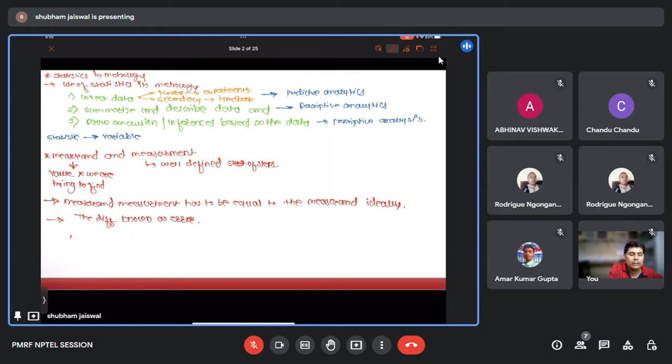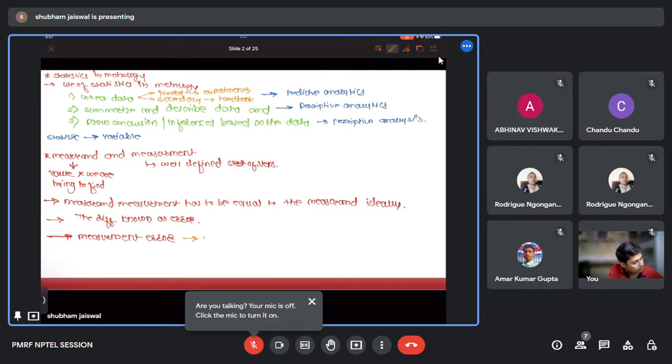Okay. So after that, we have seen what is meant by measurement error. It is the difference between actual measurement and observed measurement.